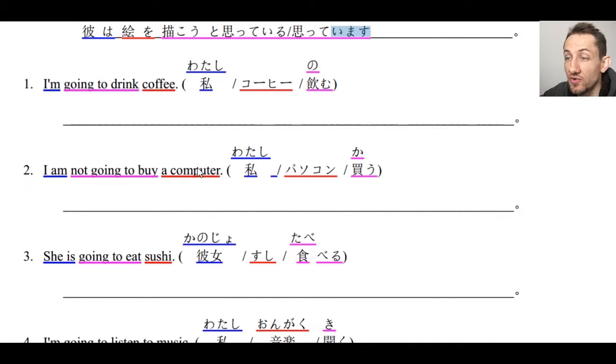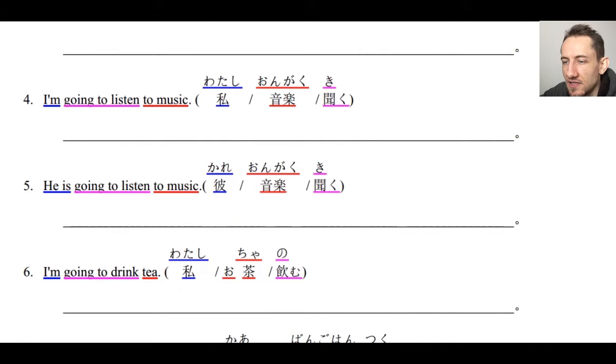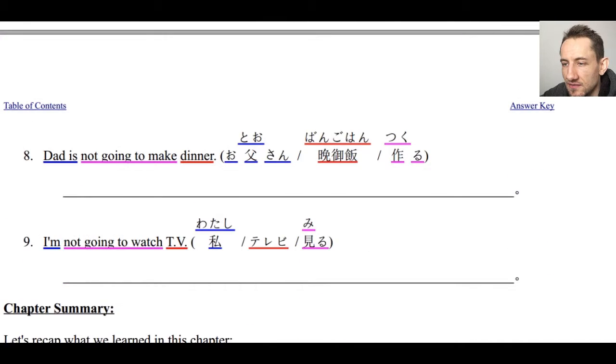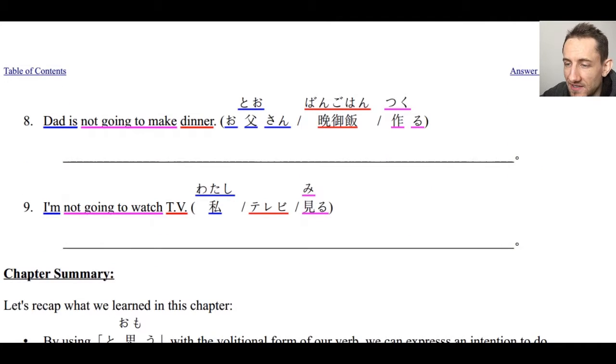So pause the video, translate these. 4, 5, and 6. Pause the video, translate these. And let's see, 7. Pause the video, answer this one. And the last two, numbers 8 and 9, pause the video and translate these.